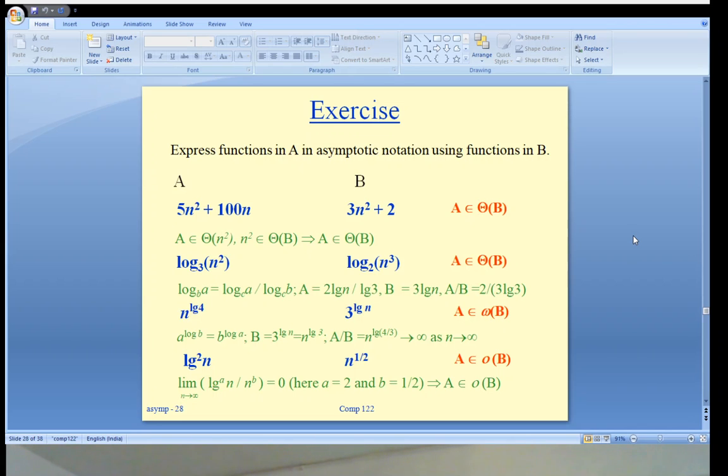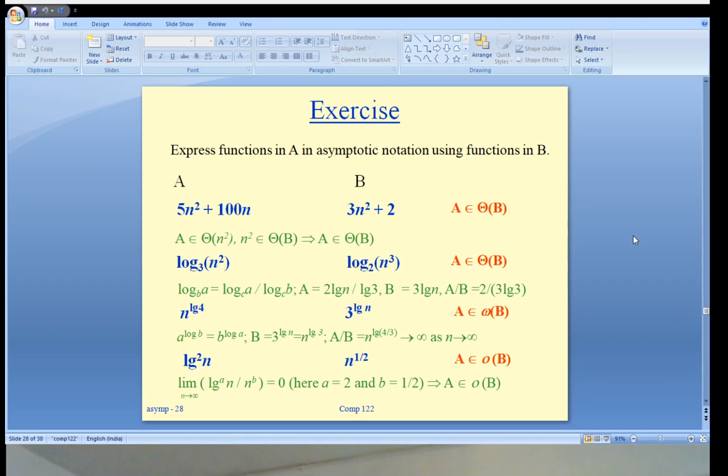So function b is 3 log n, and function a is 2 log n upon log 3. Comparing these two functions, a divided by b is equal to 2 upon 3 log 3. So clearly this is less than 1, so we can say that A is theta bounded by B.